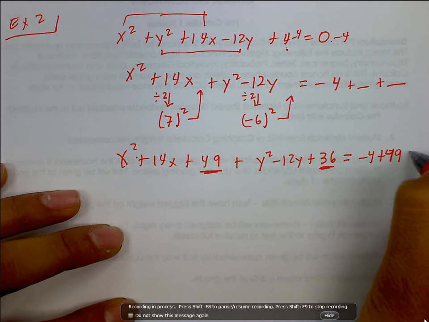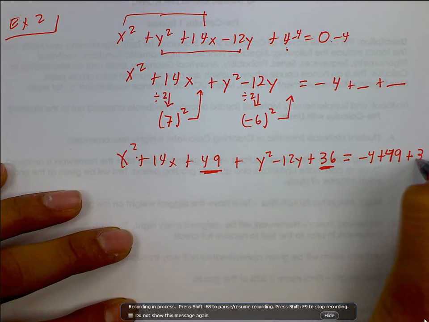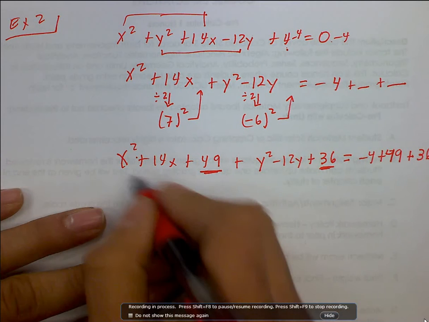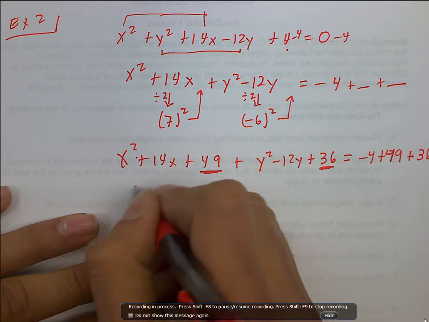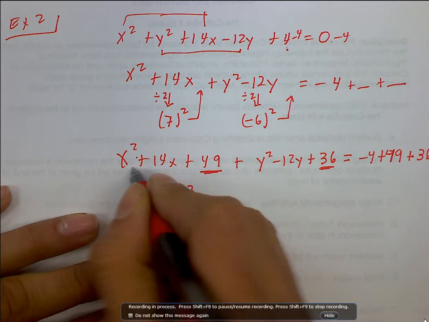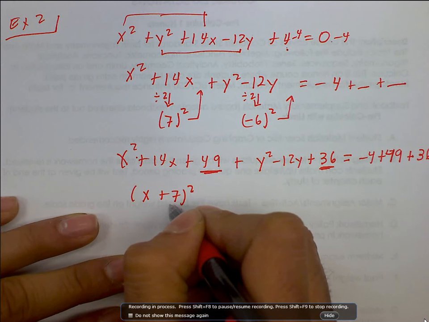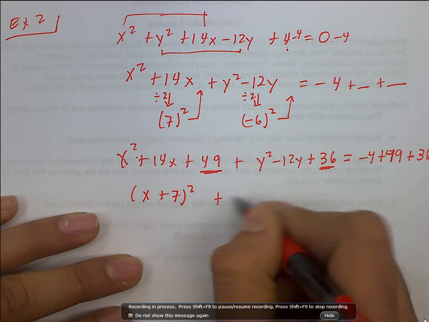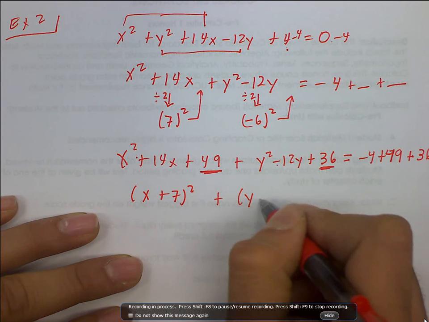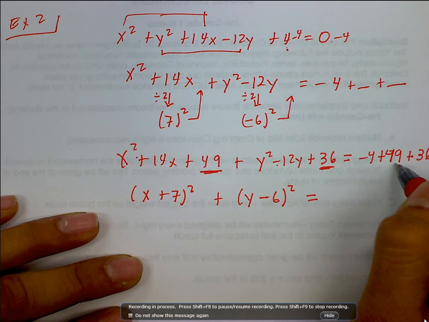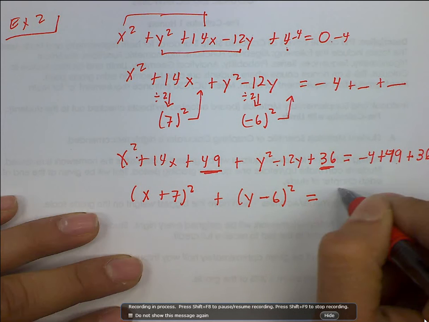Then I'm going to factor this, and it's going to be x plus 7 squared. If you still don't see how I go from here to here, all you have to do is use the area model and factor. And then plus y, since that's a negative, this one has to be negative, squared, and that is going to be equal to 45 plus 36, which is 81.